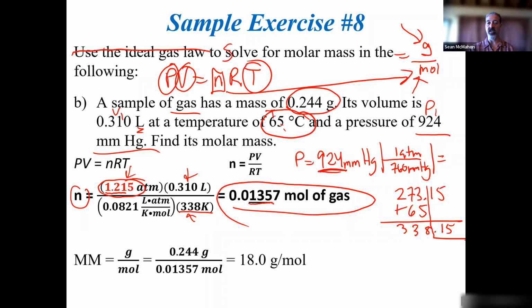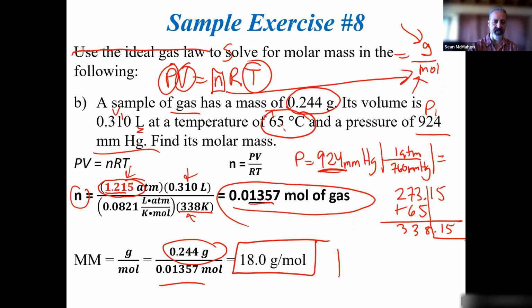So for molar mass, grams per mole, I divide the grams, 0.244 grams, by the number of moles, and I get 3 sig figs for my final answer. The molar mass of this gas is 18 grams per mole. I wonder if that's water vapor, right? 18 grams per mole, could be. We don't know, you know?